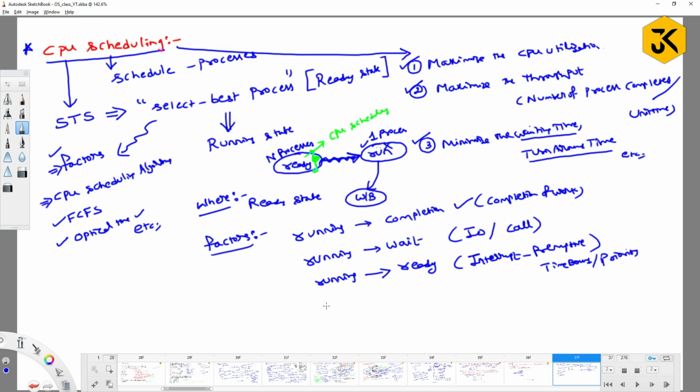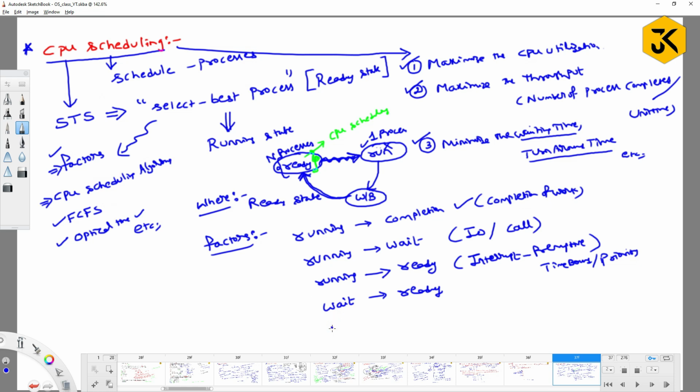Similarly, if a particular process moves from waiting state to ready state, do we need to apply the CPU scheduling algorithm again? Yes, because the process moving from waiting state to ready state might have the highest priority. It has to be checked, right? For that reason, the CPU scheduling algorithm is going to work at the ready state again.